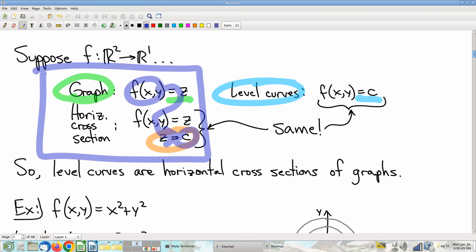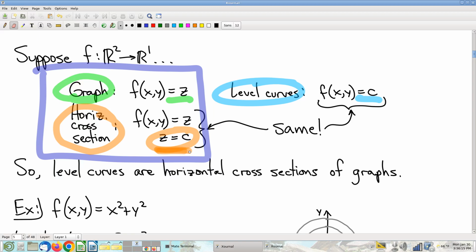Altogether, you get f equals a constant, just like the level sets. So this two-step process of taking the graph and then setting z equal to a constant, namely taking horizontal cross-sections, if you think about it, z equals a constant is a horizontal cross-section, right? A horizontal cross-section of the graph gives you the same equation as that of a level set.